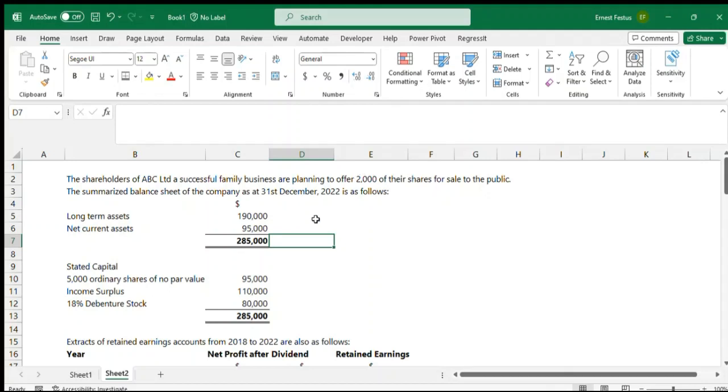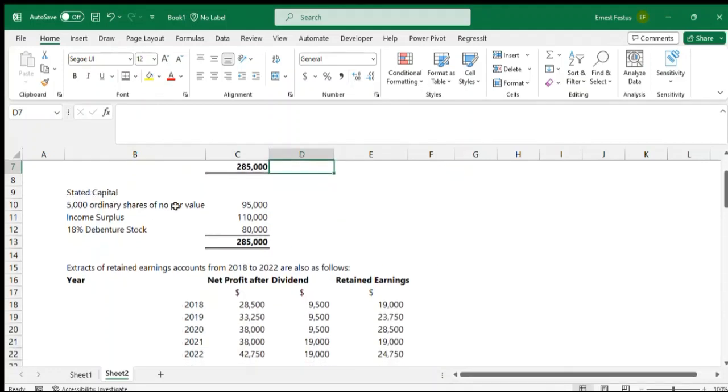So let's follow along. The summarized balance sheet of the company as at 31st December 2022 is as follows. We have the long-term assets, current assets, and then we also have share capital. We have 5,000 ordinary shares of no par value. We have income surplus, and then also we have 18% debenture stock. That is the long-term liability element.